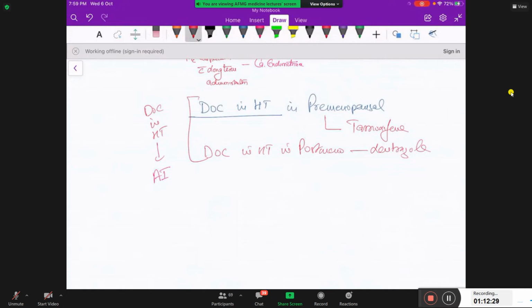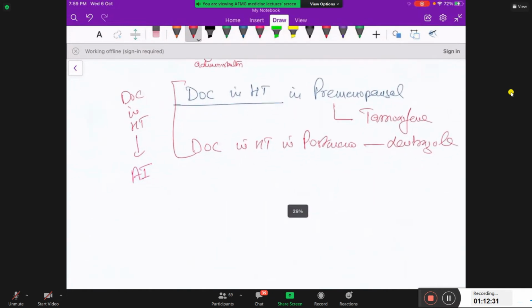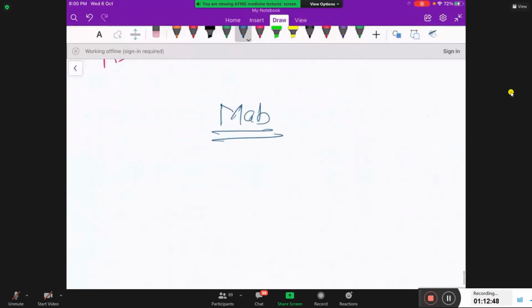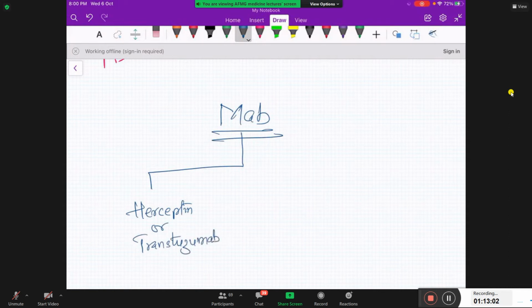Then comes monoclonal antibody. This monoclonal antibody includes Herceptin, which is also called trastuzumab.